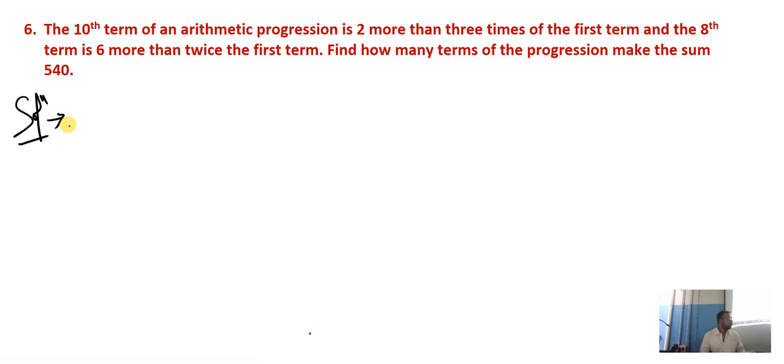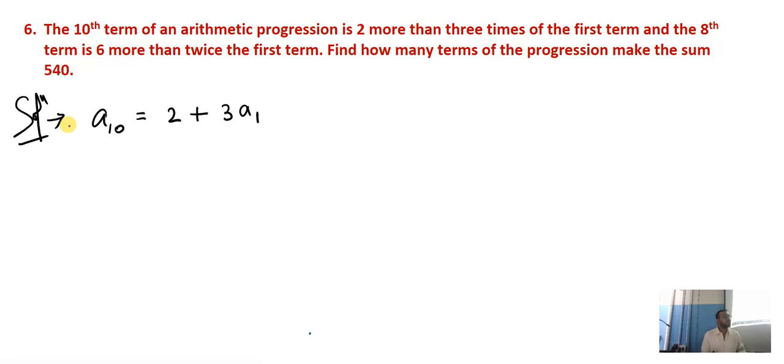Solution. The 10th term of an AP, that is A10, is equal to 2 more than 3 times the first term. More means positive, that is plus. 3 times the first term is 3 into A1.